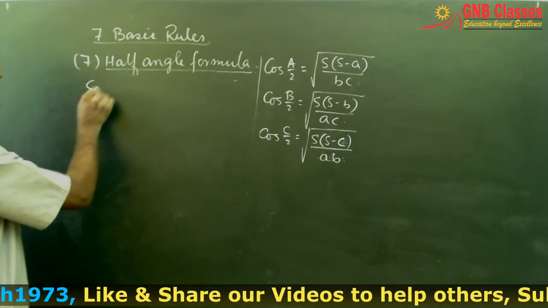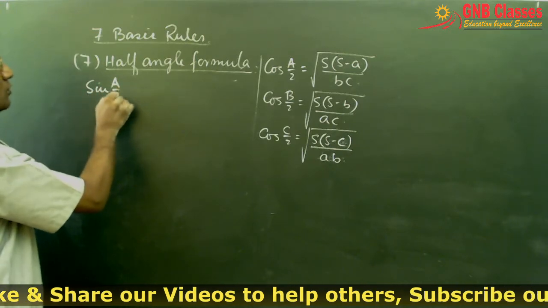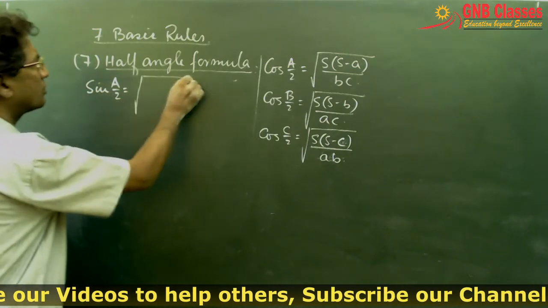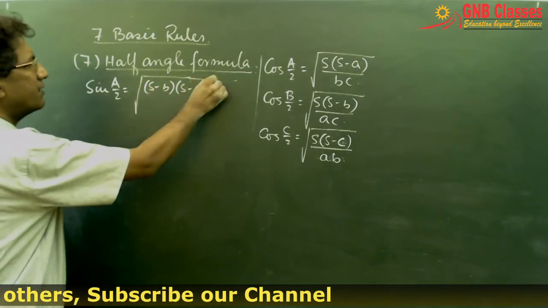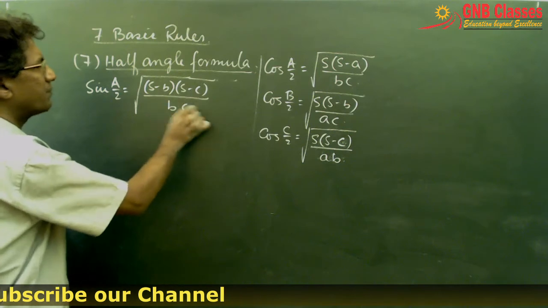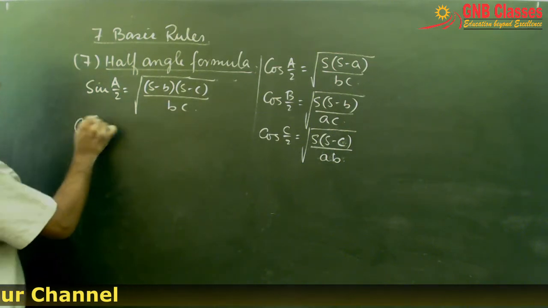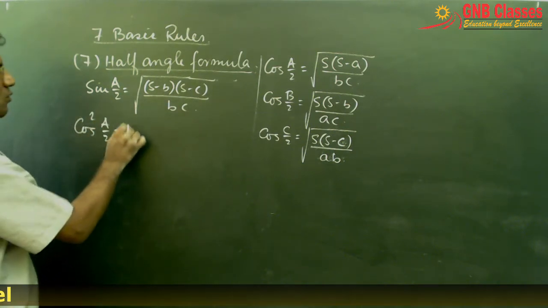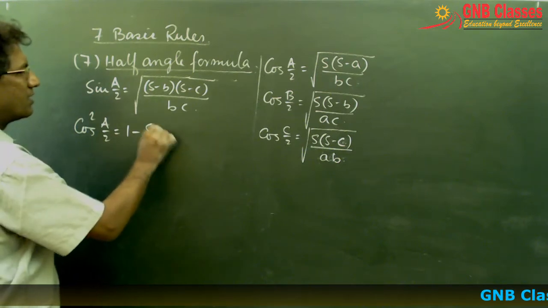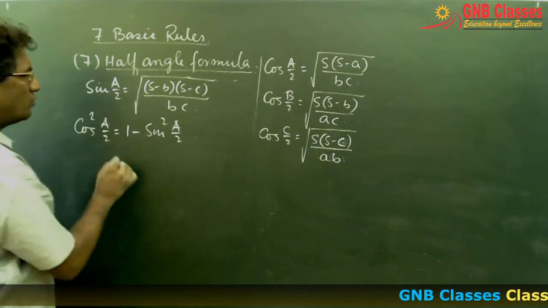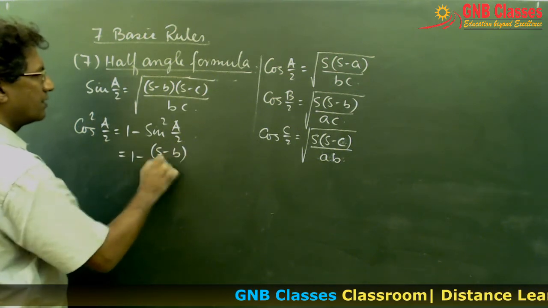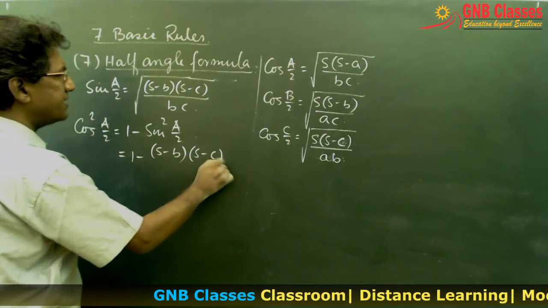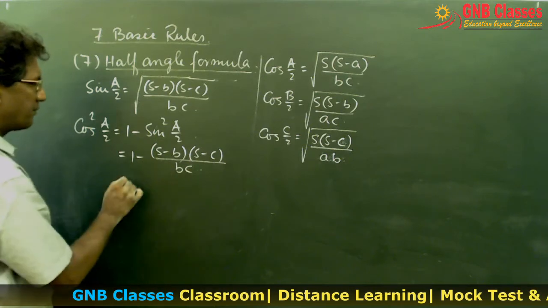We have already got that sine A by 2 is nothing but under root S minus B into S minus C divided by BC, right? So what will be your cos A? Cos square A by 2 is what? 1 minus sine square A by 2, which gives you 1 minus S minus B, S minus C divided by BC.